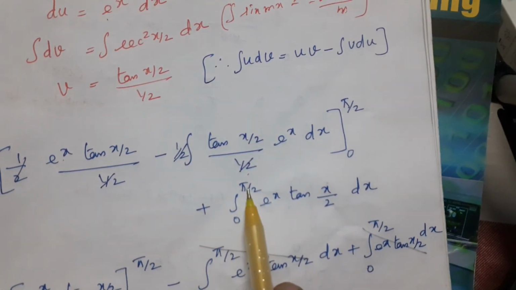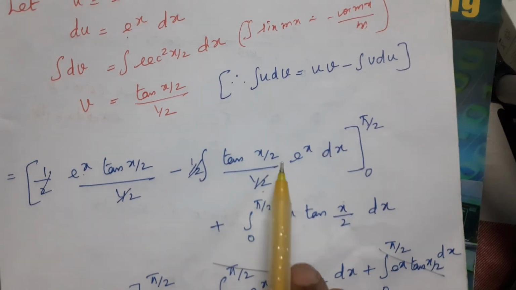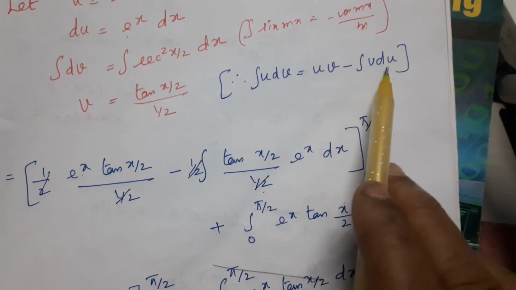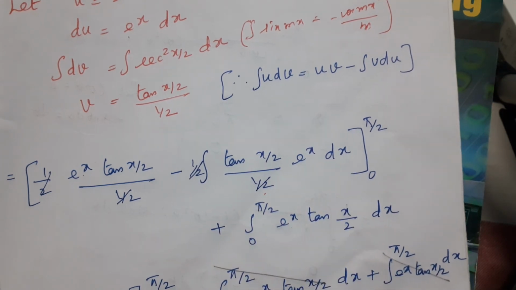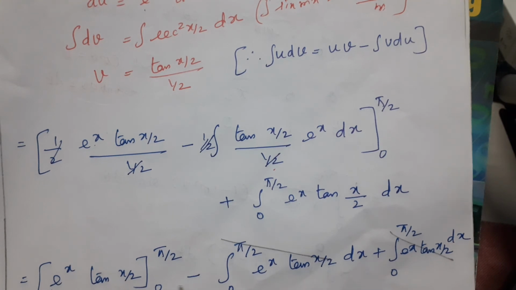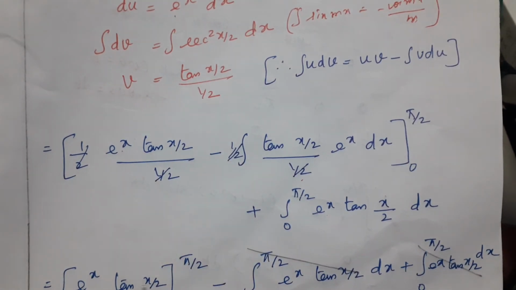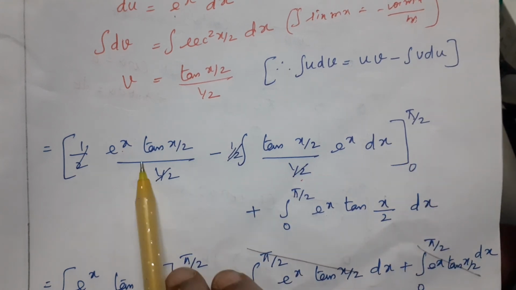You write plus integral from 0 to pi by 2 of e power x tan x by 2. Now the integral of v du is nothing but tan x by 2 into 1 by 2 e power x dx, so 1 by 2 cancelled. Similarly the second one is e power x tan x by 2 from 0 to pi by 2, so after integration apply the limit 0 to pi by 2.